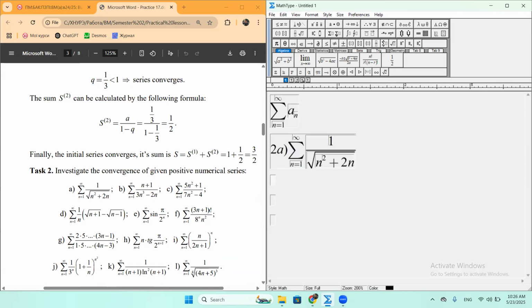So let's check the nth term. So un equals this expression, and when n approaches infinity, it is equivalent to 1 over n.